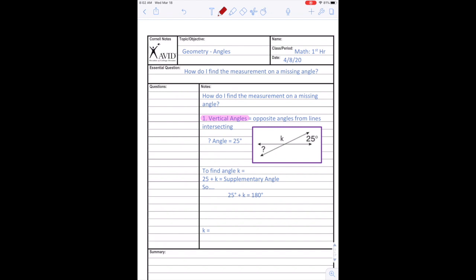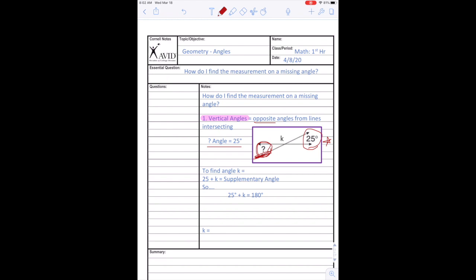So in this image, the angles that I see that are opposite is 25 degrees, and then opposite, which means right across, is this one. And because they're opposite from each other, this one is going to be the same. So again, in our notes, I put there that this angle equals 25 degrees.